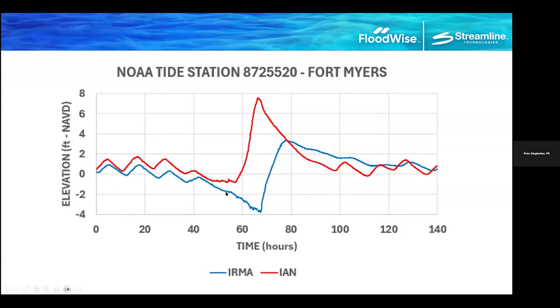And we actually had a negative surge with Hurricane Irma before it reversed direction and then went positive, whereas Ian was primarily positive surge up to about 7.5 feet NAVD. So the peak surge with Hurricane Irma was much less than the peak surge with Hurricane Ian.